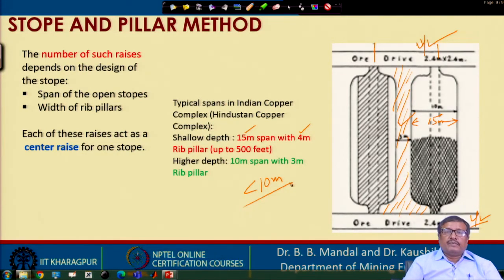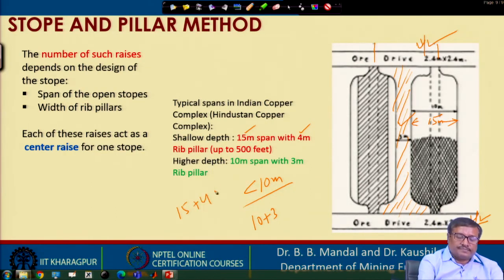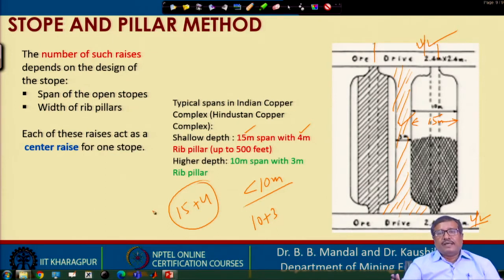It will not be able to support itself or stand on its own. So, this becomes a 10 plus 3 design at higher depth, but at shallow depth we can have a 15 plus 4 design, 15 meter wide, 4 meter rib pillars. So, it will be a series of 15 plus 4, 15 plus 4 like that, but at higher depth we can go for 10 plus 3, 10 plus 3 design, that also is possible.